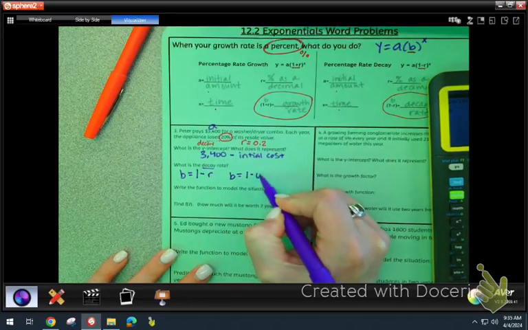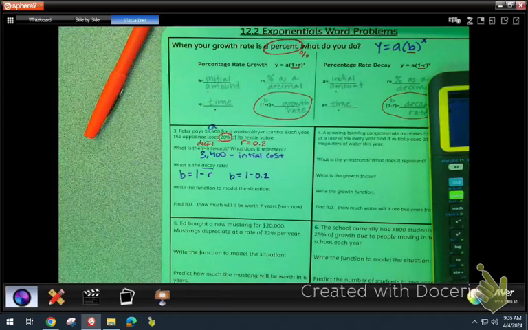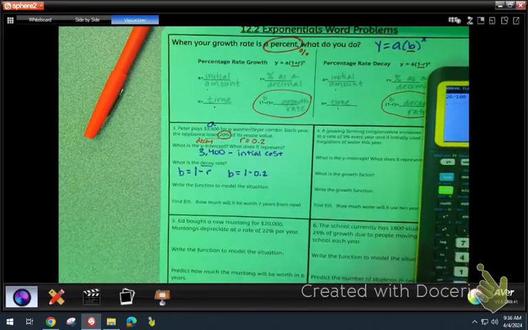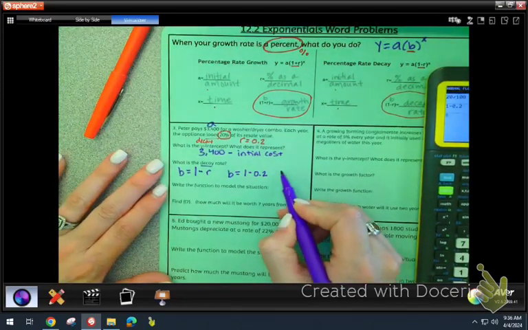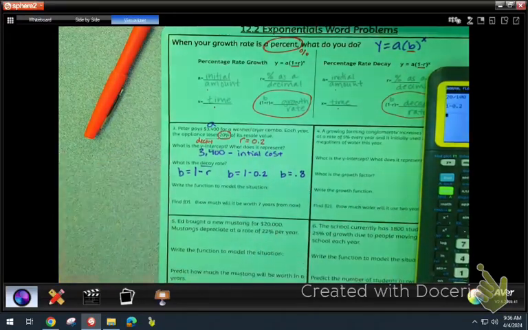1 minus 0.2. Can you tell me what 1 minus 0.2 is? Type that in. It's not negative, no. It's 0.8. So your B value will be 0.8.